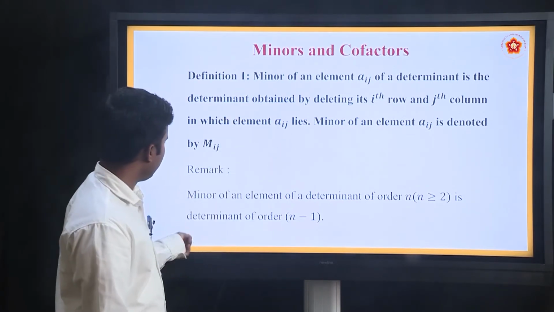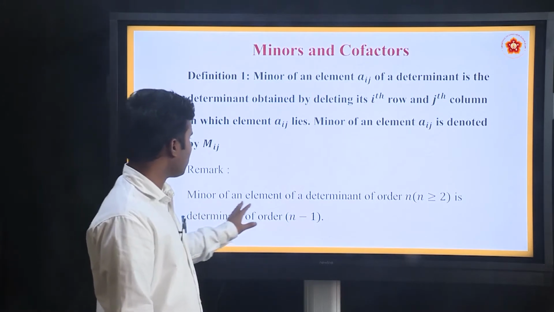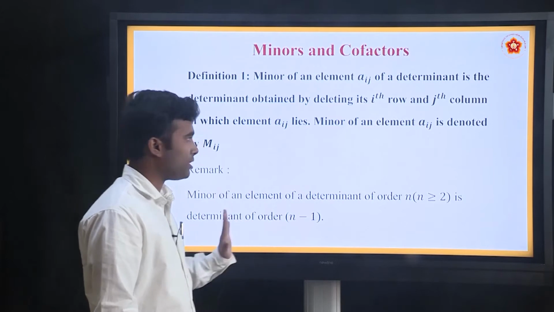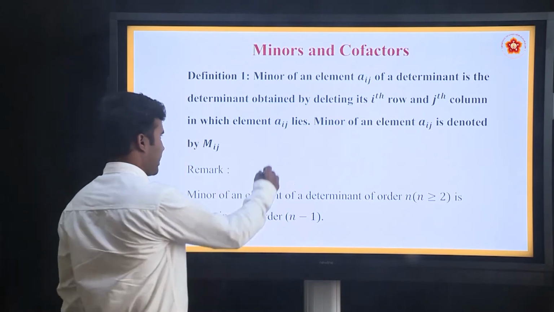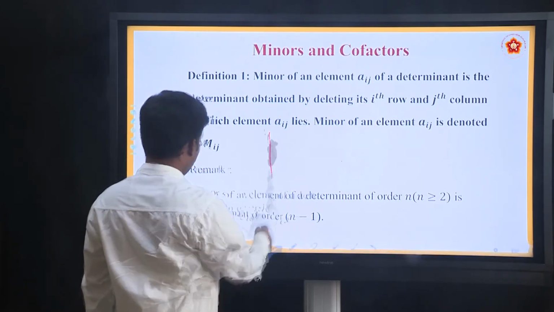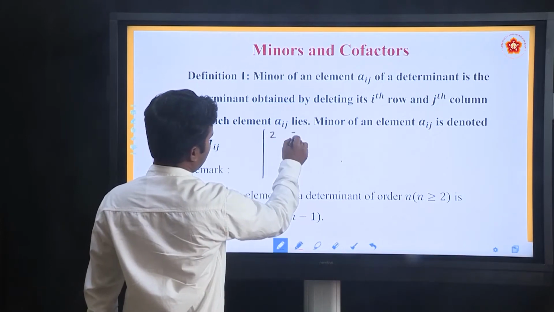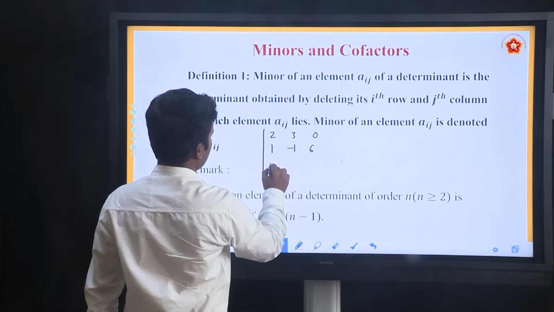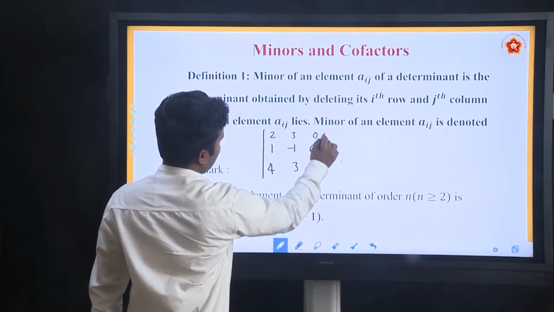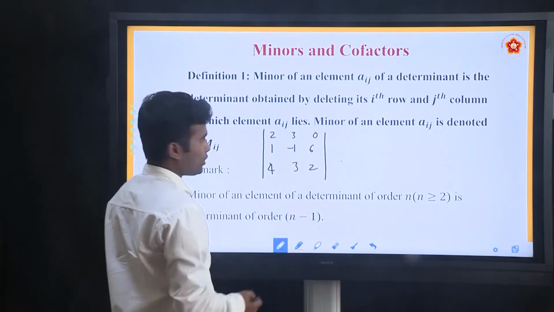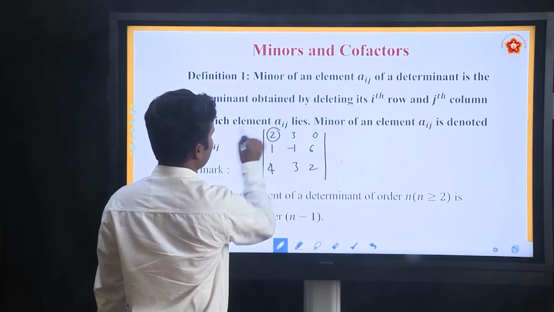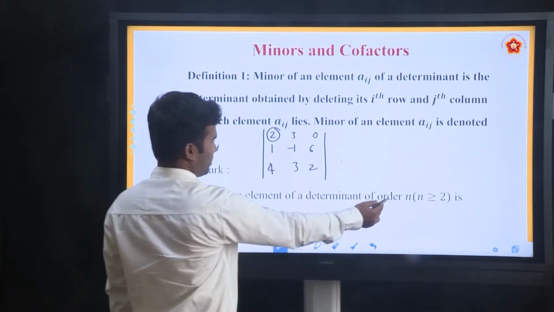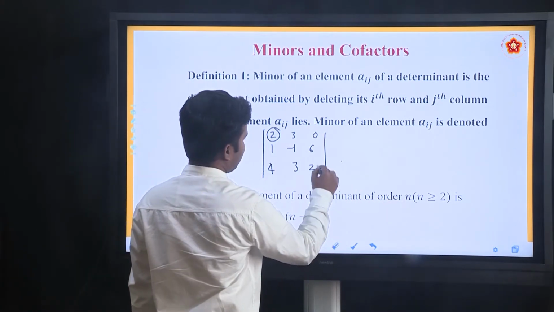Okay. So, here the minor of an element of a determinant of order n is a determinant of order n minus 1. That means, say for example, if you have a determinant like this, see this is a determinant of order 3, as you know. Suppose I wanted to find the minor of this element 2, the order n of this determinant is 3.